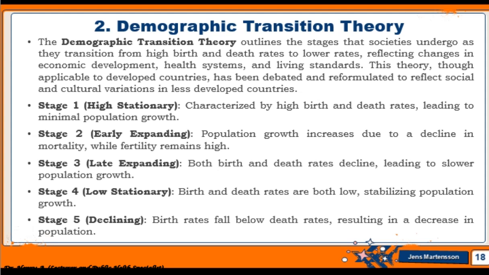Stage 2, early expanding. The population begins to grow rapidly because death rates decline due to improvements in sanitation, nutrition and healthcare. However, birth rates remain high, reflecting traditional and normal social atmosphere.